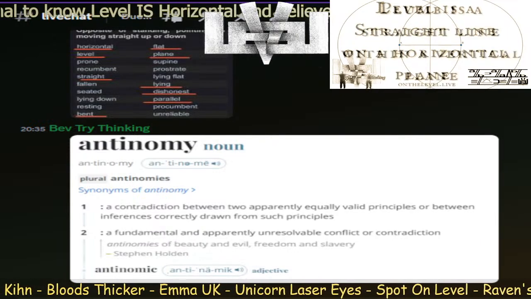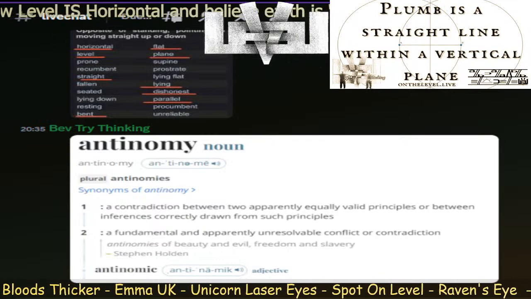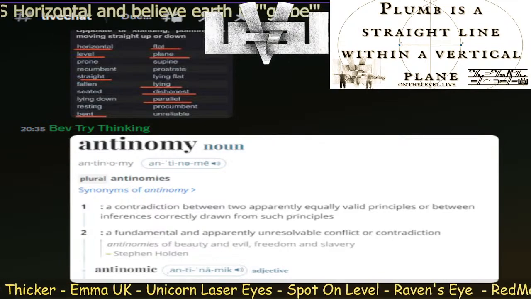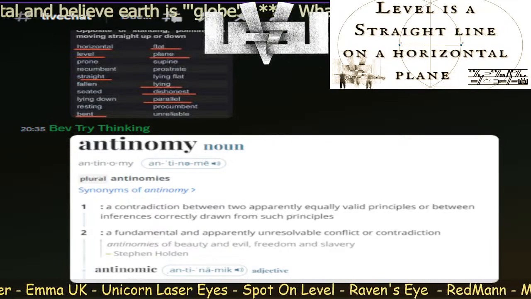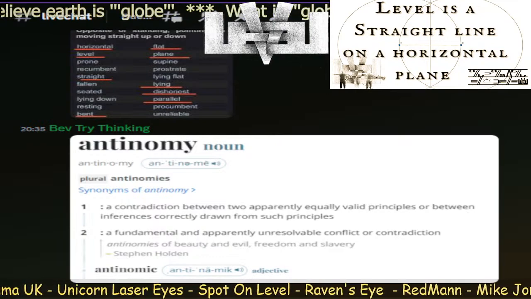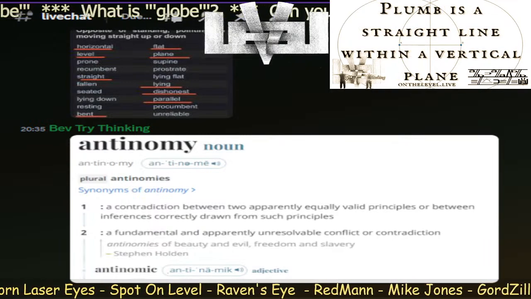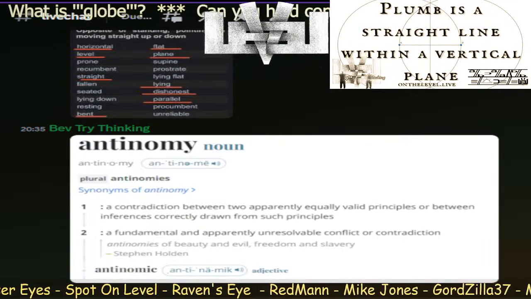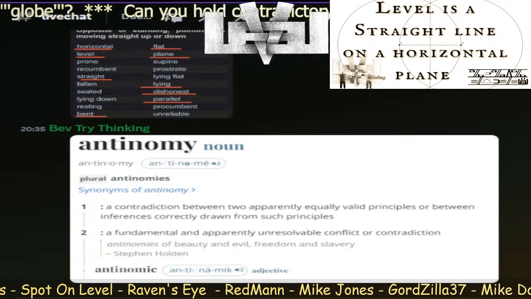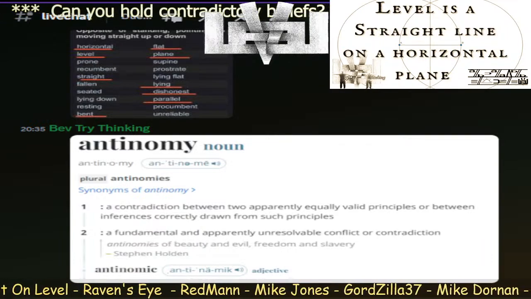Yes, because of course a vertical plane can be. So you can have a vertical plane, obviously. Yeah. Vertical planes do exist. Therefore, flat or plane cannot be in opposition to vertical. That's ridiculous.